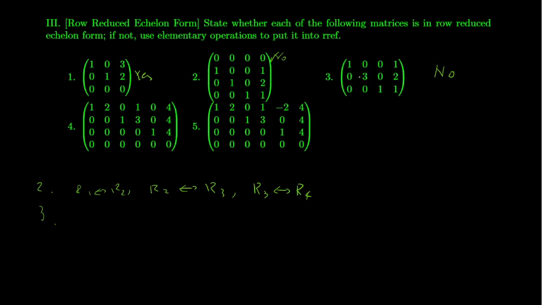How can we make this location 1? You do not add anything. You multiply row 2 by 1/2. For question 3, I believe there's only one possible operation you can perform: you just multiply row 2 by 1/2.